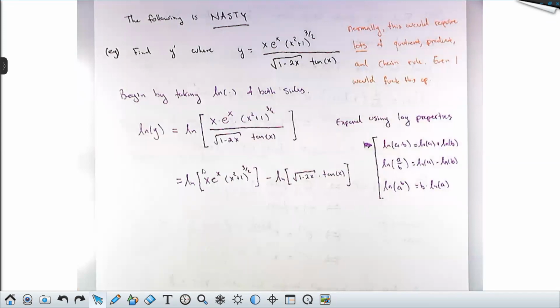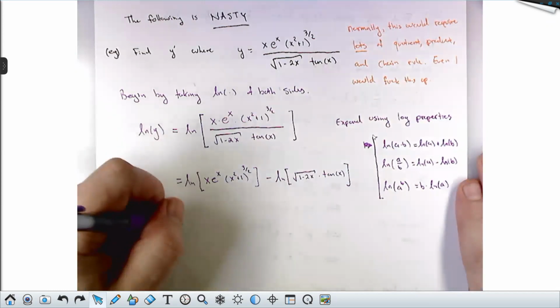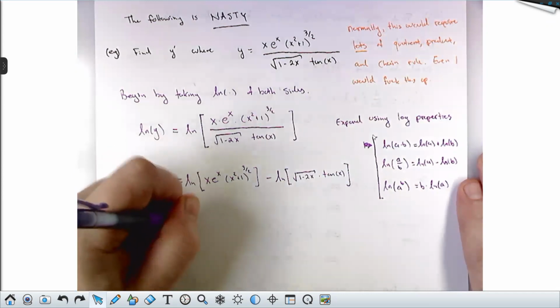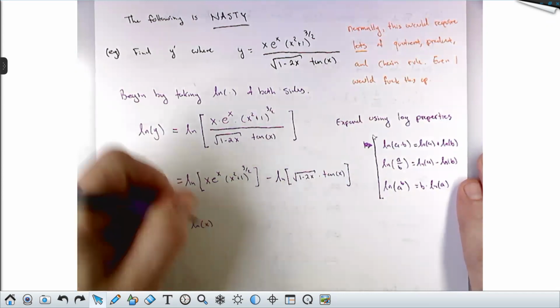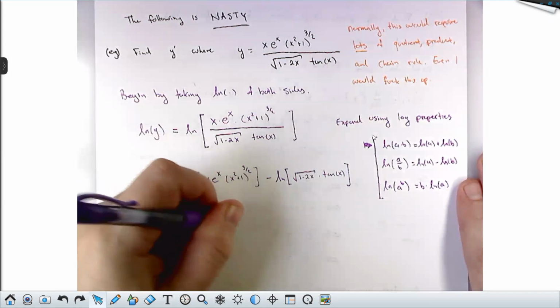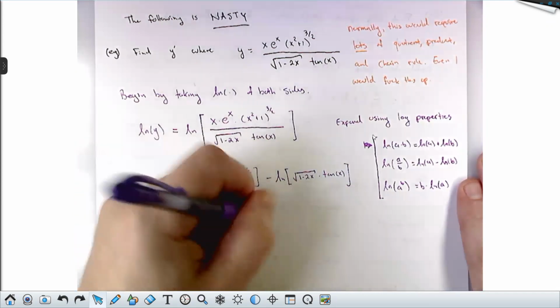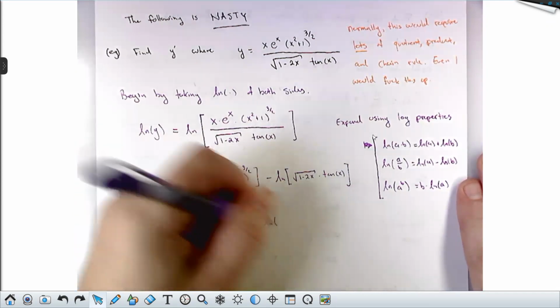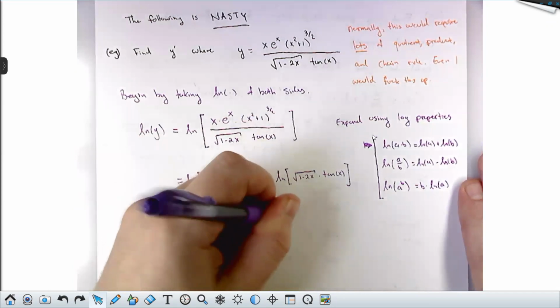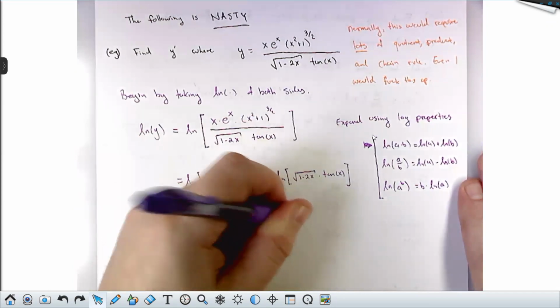And now each one of those things, I've got a bunch of stuff multiplied inside. So I can use this first rule to split up both of these log expressions as a sum of simpler log expressions. From this first guy, I get ln x plus ln e to the x plus ln (x squared plus 1) to the 3/2.